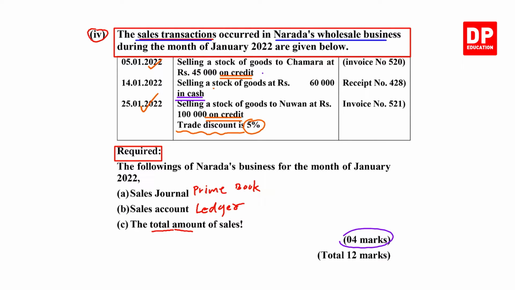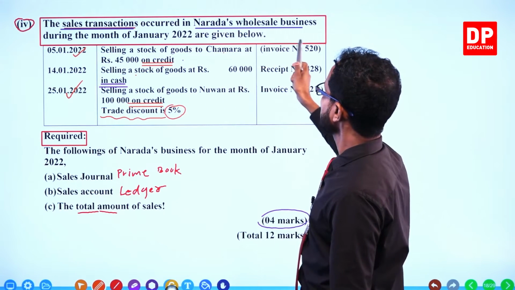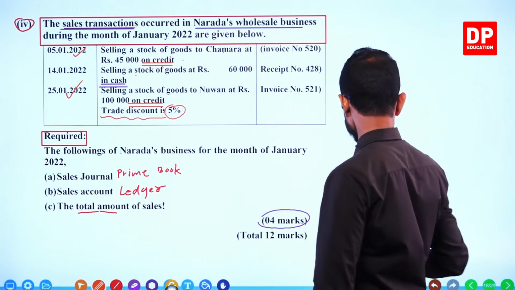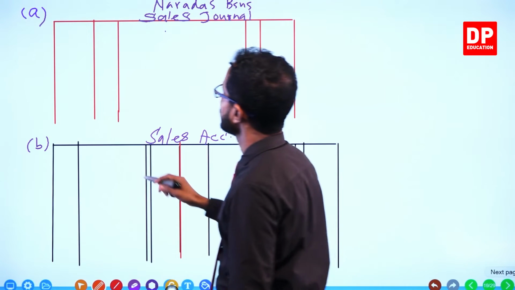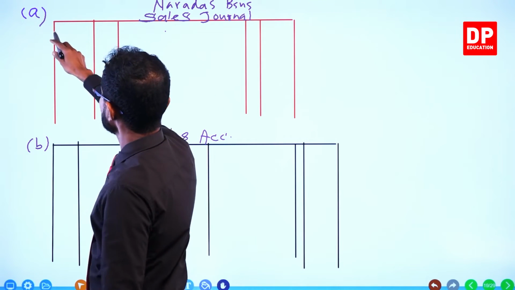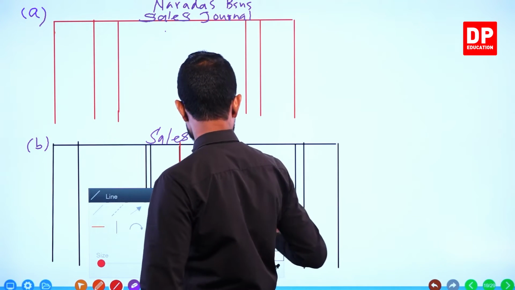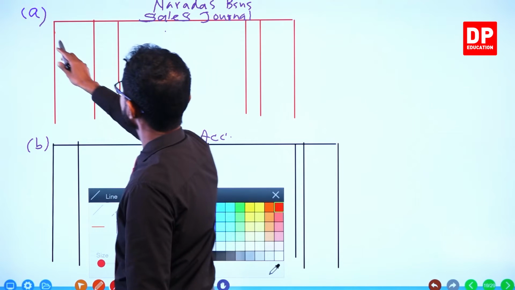Take transaction number 1: 5th January, selling a stock of goods to Chamara, invoice number 520, 45,000. We didn't name the columns.